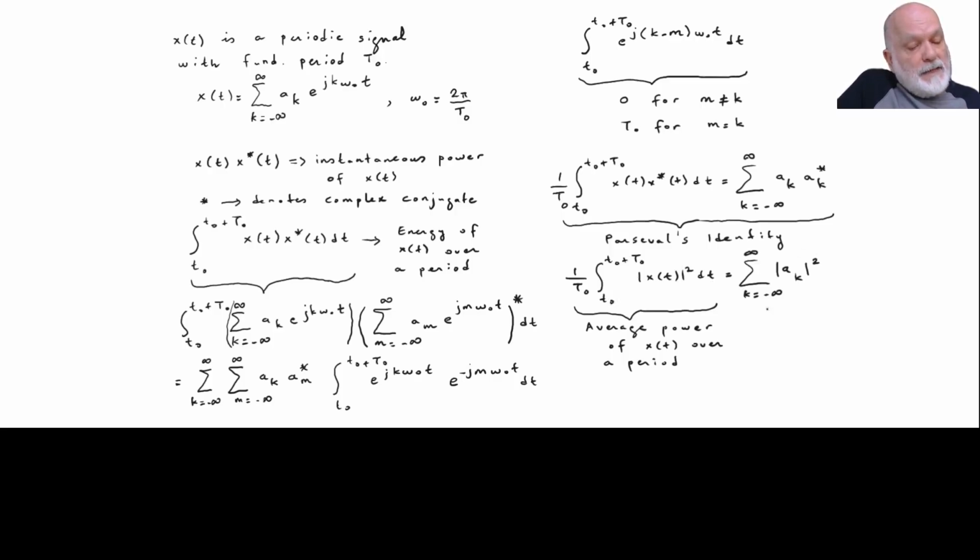The right-hand side is also average power of x of t over a period, now calculated in terms of the Fourier coefficients. Okay, so we can now see an example to see an application of Parseval's identity.